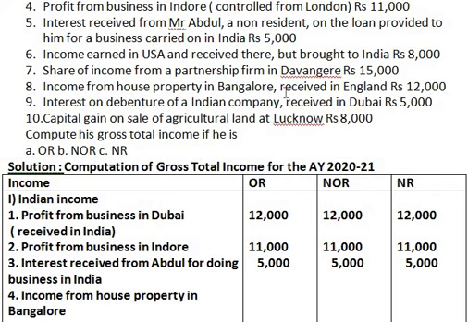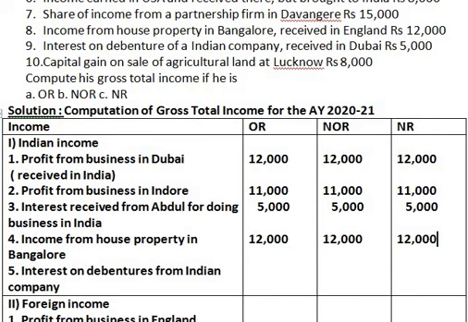So, irrespective of where it is received, if the base is in India, it is considered Indian income and it amounts to rupees 12,000. 12,000 rupees is also taken in all the columns as it is Indian income. So note down 12,000 rupees to ordinary resident, not ordinary resident and non-resident.